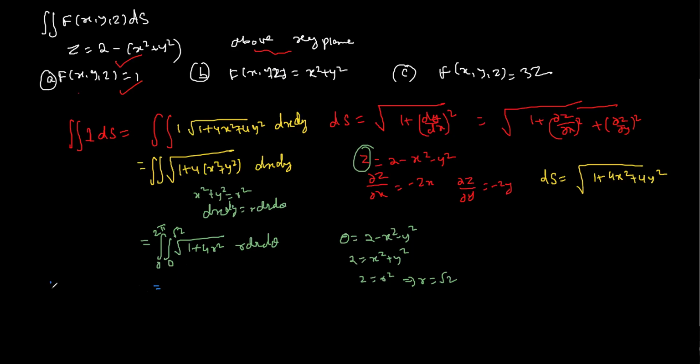Take 1 plus 4 r square equal to t. Then 8 r dr is dt, so r dr is dt by 8, d theta. When r is 0, t will be 1. When r is root 2, t will be 9.